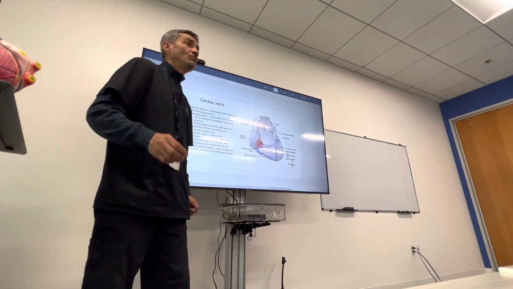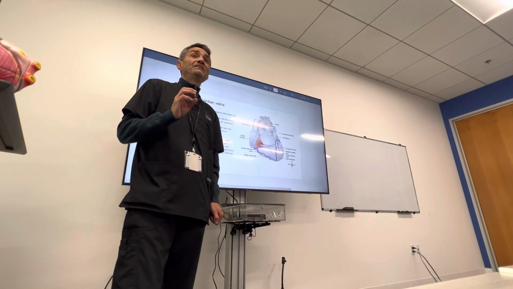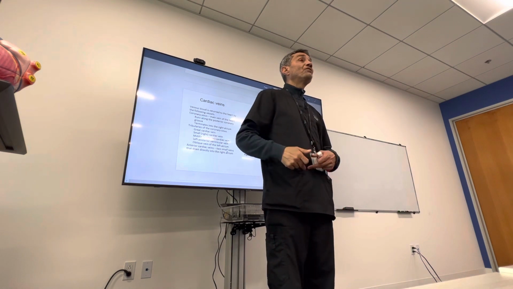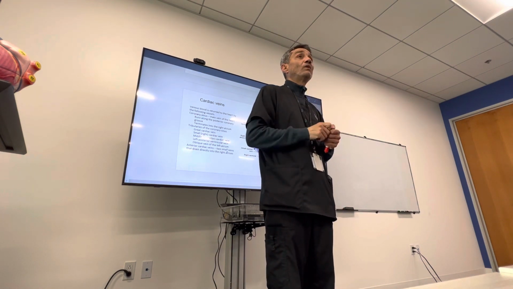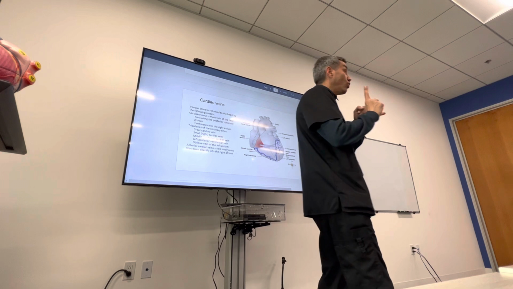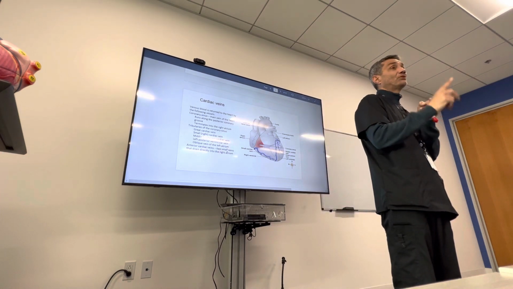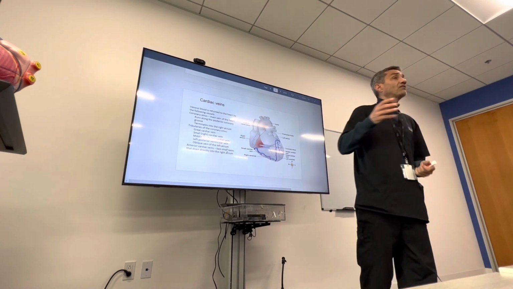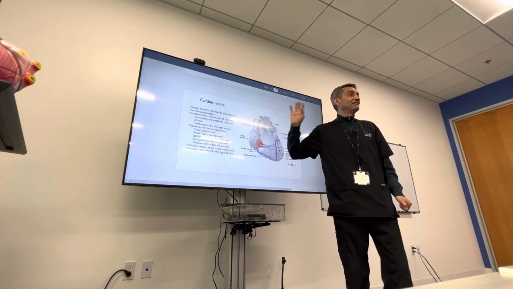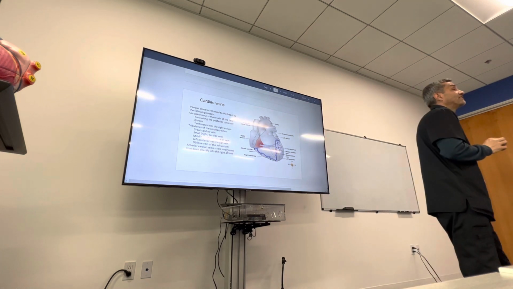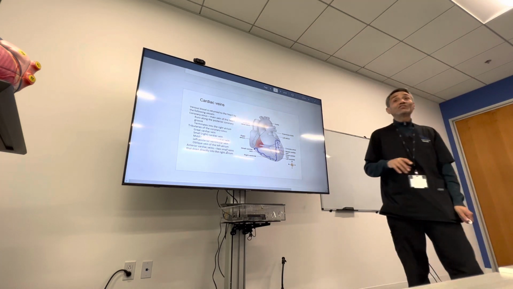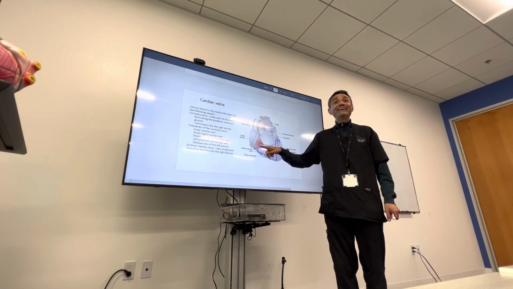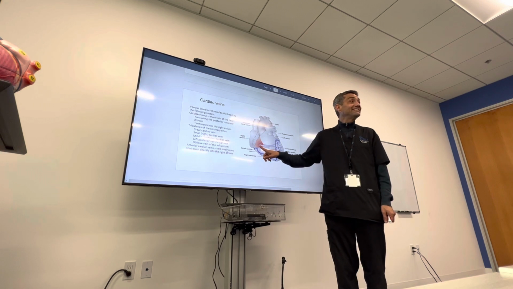Now, the other exception to the rule: all veins in our body, to move the blood back to my heart, have to reach the superior vena cava or the inferior vena cava, because those are the two major veins that bring the blood to my heart. The cardiac veins do not need either the superior or the inferior vena cava. They drain the blood directly to your heart by an open sinus in your right atrium.